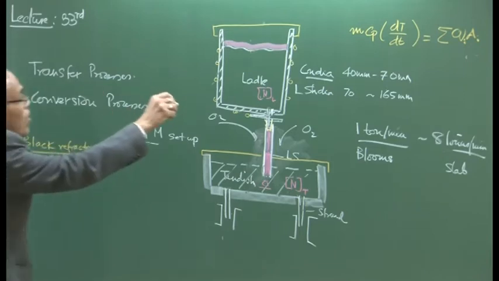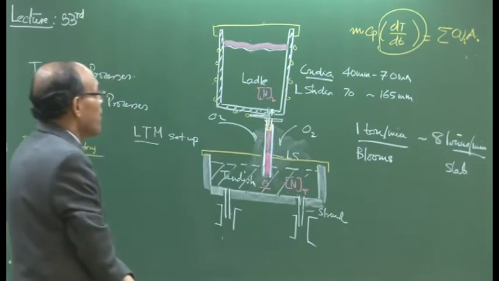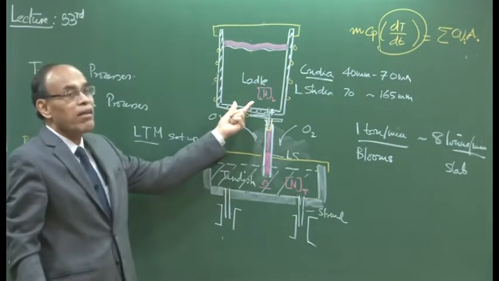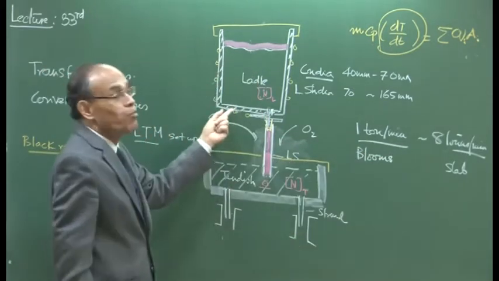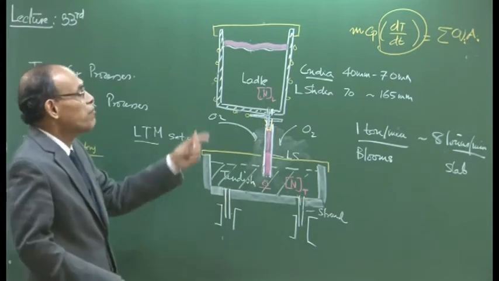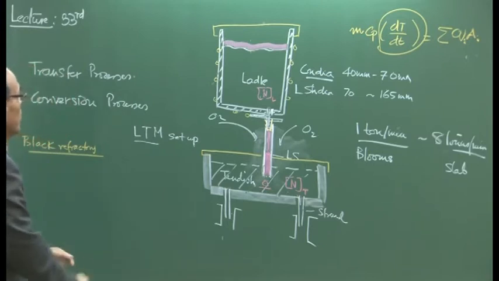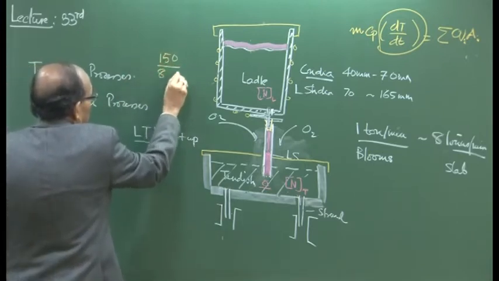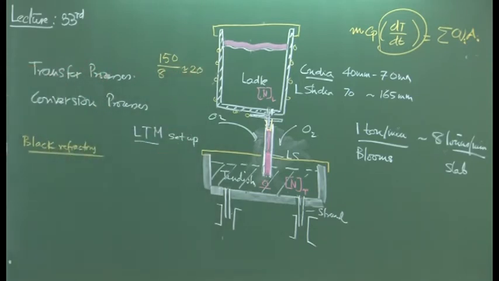So, you can also predict how the temperature drops during the holding period as the ladle is sitting, and this ladle could be, as I indicated, that if you take 8 tons per minute and the ladle is about 150 ton, then 8 tons per minute will essentially tell you that roughly about 20 minutes or so.